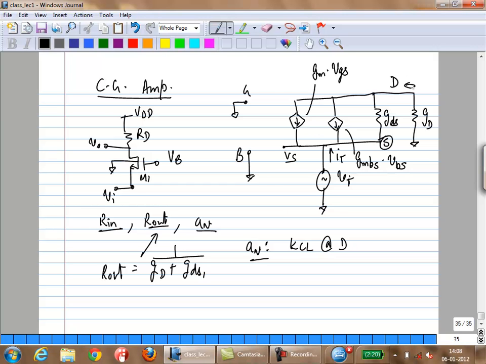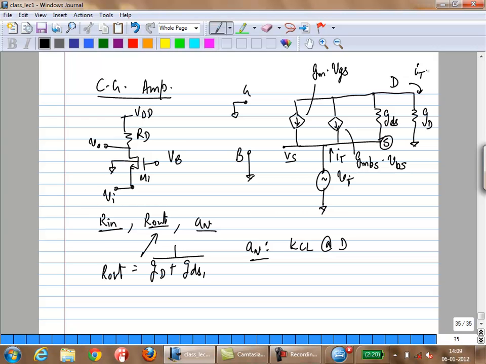So what is this current, the current through GD? It's IT. If you do it the other way, it's minus IT.